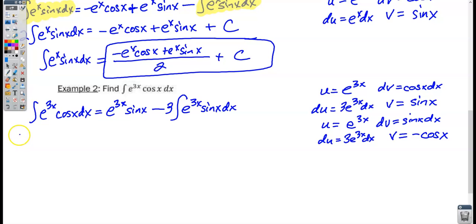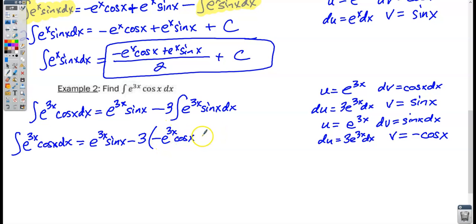All right, so integral of e to the 3x cosine of x dx is equal to e to the 3x sine of x minus 3 times this quantity, uv, which is negative e to the 3x cosine of x, minus the integral of v du. So let's see, I've got minus a minus, that becomes a plus.